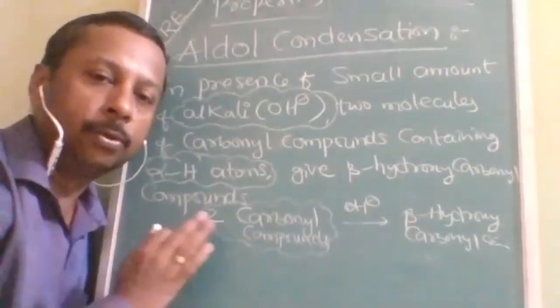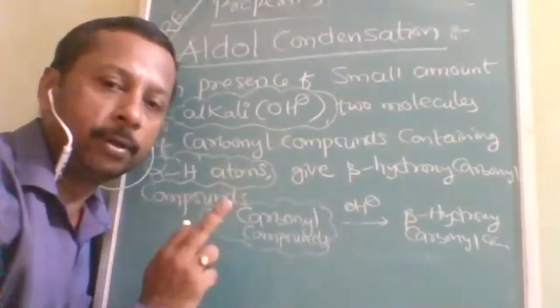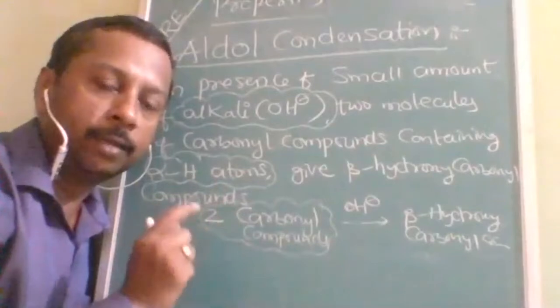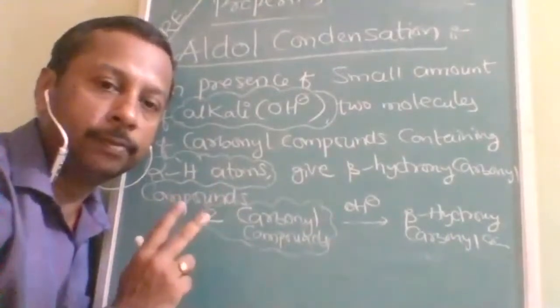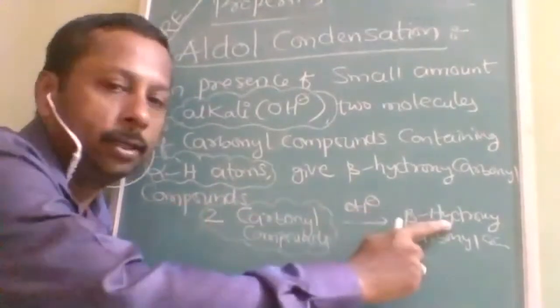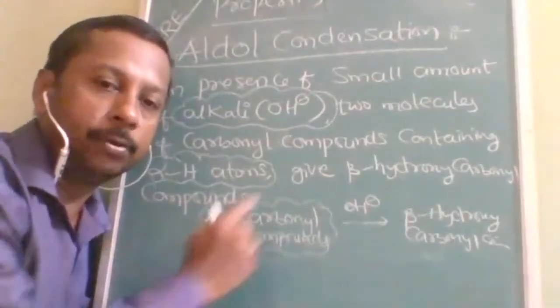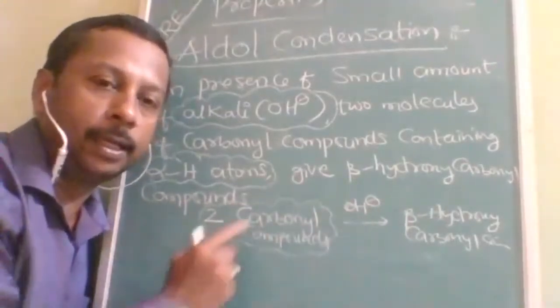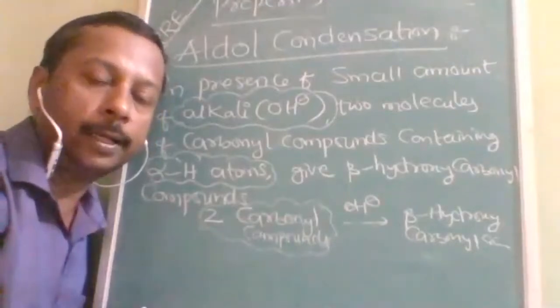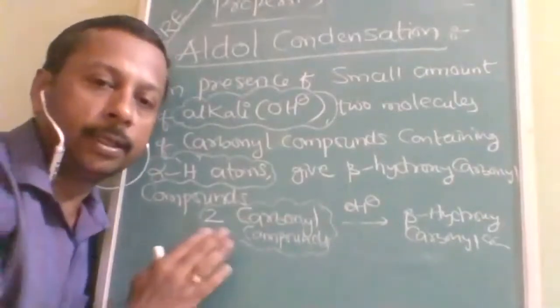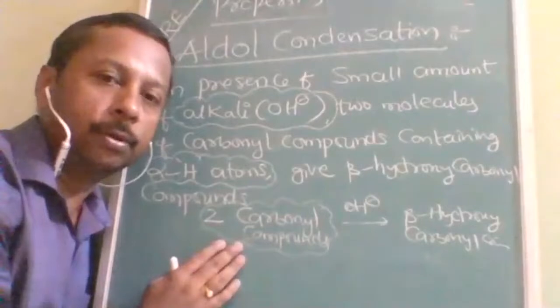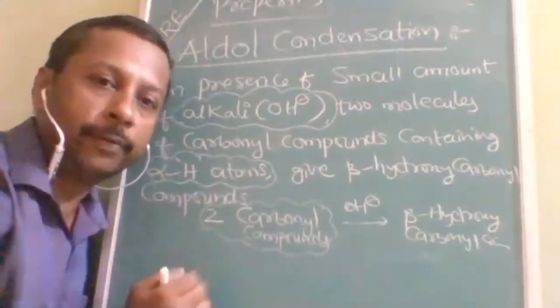That means 2 moles will be converted to one molecule, but that one molecule is going to contain two functional groups. One is alcohol, the second is ketone or aldehyde. If it is a ketone, it will be ketone. If it is aldehyde, it will be aldehyde. Depending on the type of aldehyde and ketone, they are further divided into different types.